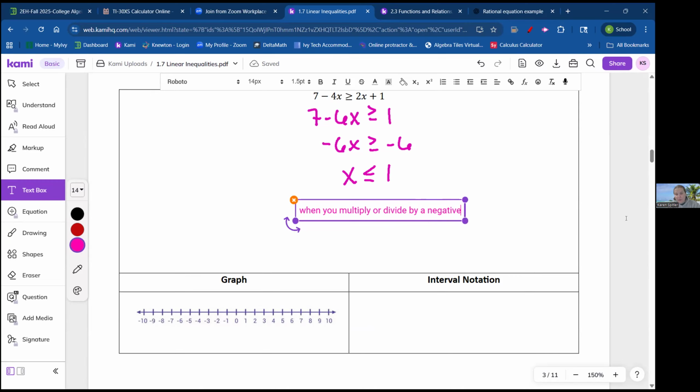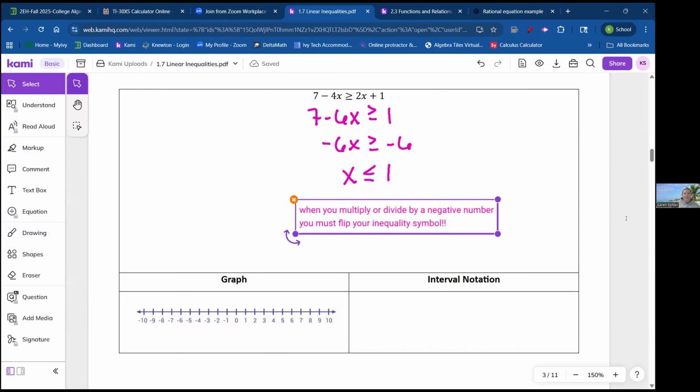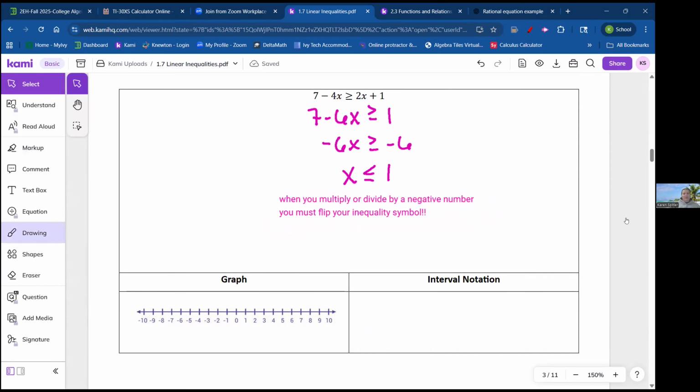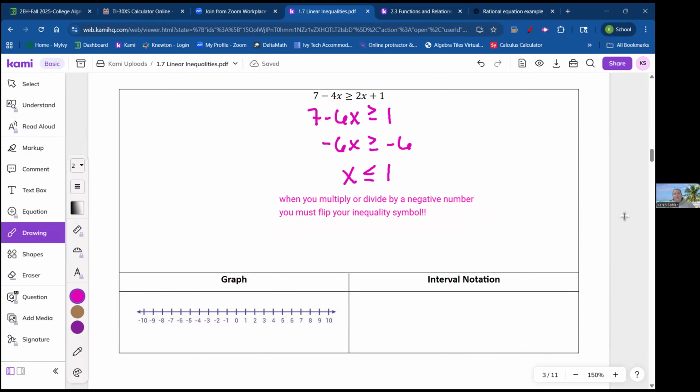It's the negative number. So when you multiply or divide by a negative number, you must flip that inequality symbol. So even though that was greater than or equal to, I did have to flip it to a less than or equal to. Okay?